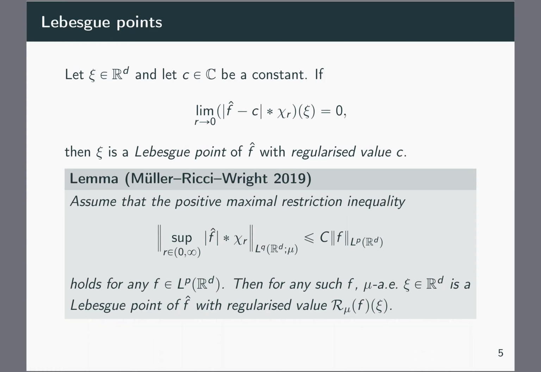Just to recall, we call a point psi a Lebesgue point of the Fourier transform f hat if there exists a value c such that the convolution of modulus f hat minus c with chi_r converges to 0 at psi as r goes to 0. And in this situation, c is called the regularized value of f hat at psi.